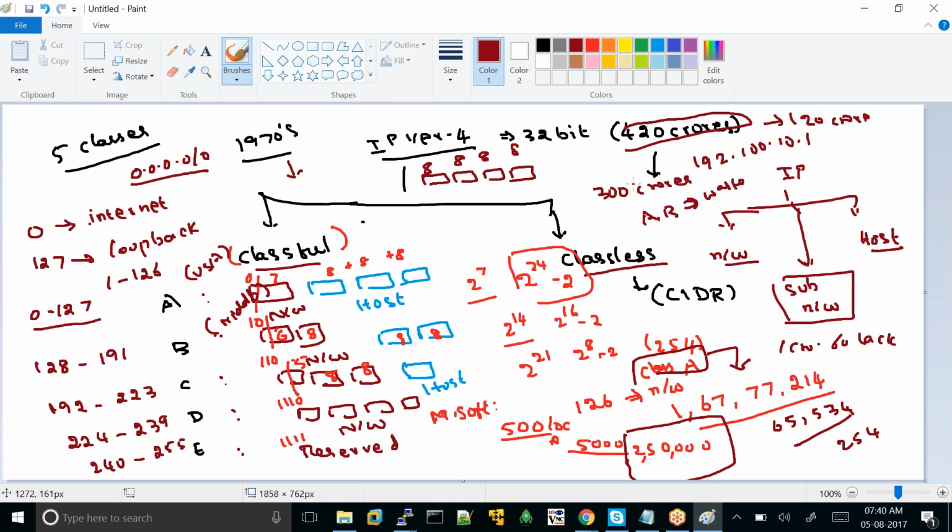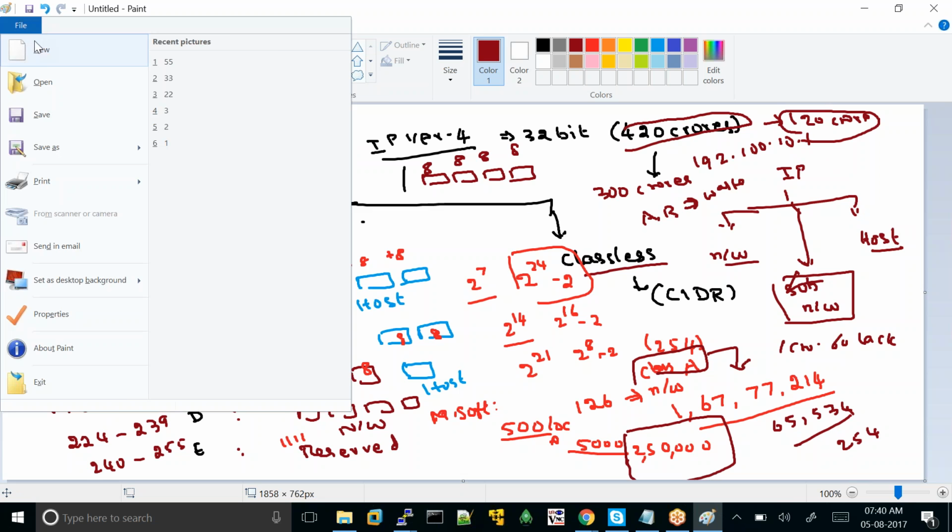During the growth of the internet from 1995 to 2000, if we follow this classful addressing scheme, it is not possible in future to accommodate all the devices that need a connection to the internet, because in 1995 to 2000 they were left with only around 120 crores of IP addresses in this classful scheme.